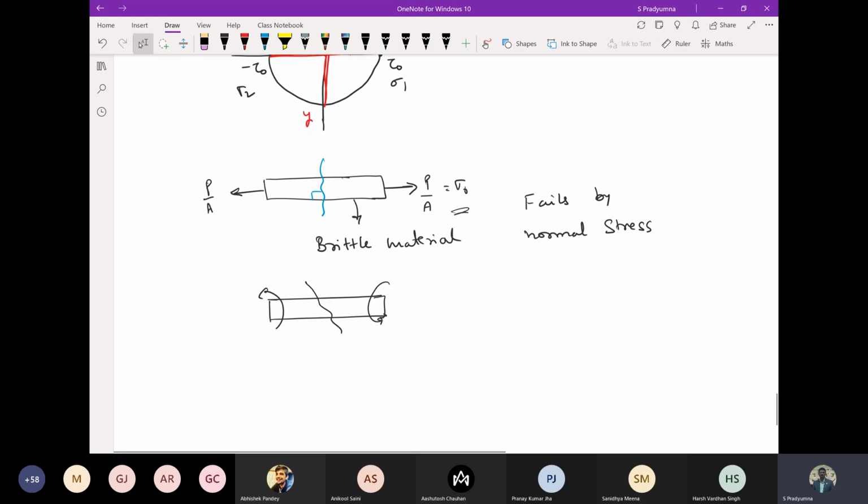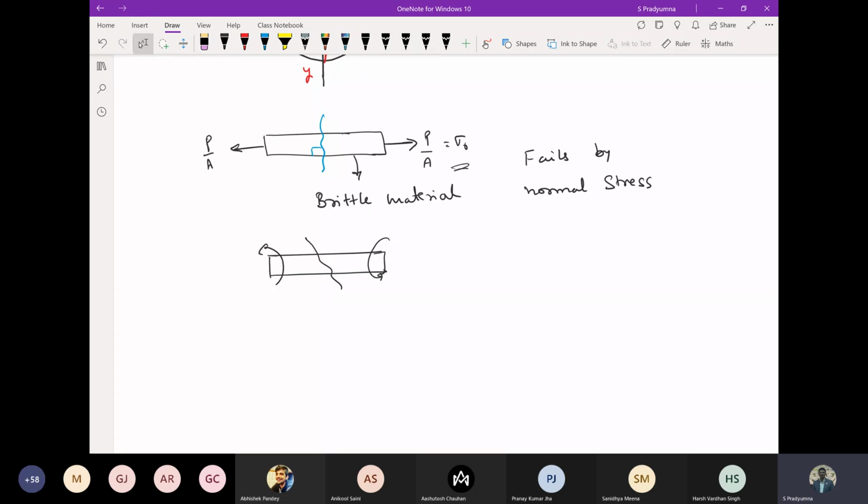The brittle material will not fail depending on the type of load you apply, so it fails due to normal stress only. Here the maximum normal stress is sigma naught, equal to tau naught. Therefore it breaks at 45 degrees, and the conclusion is that it fails by normal stress.